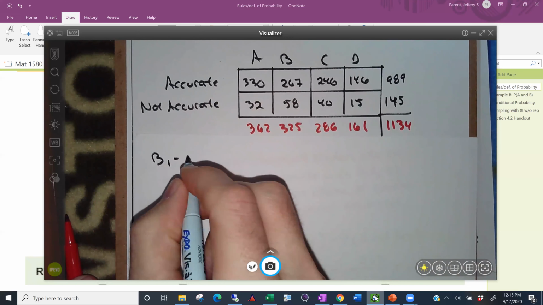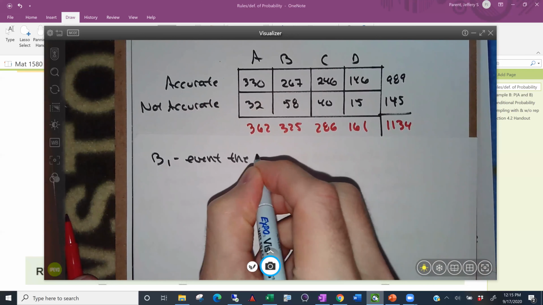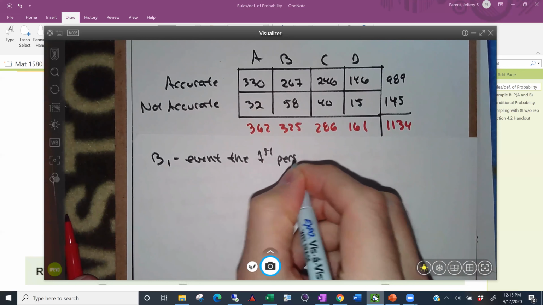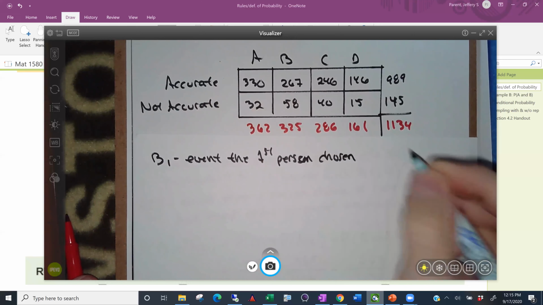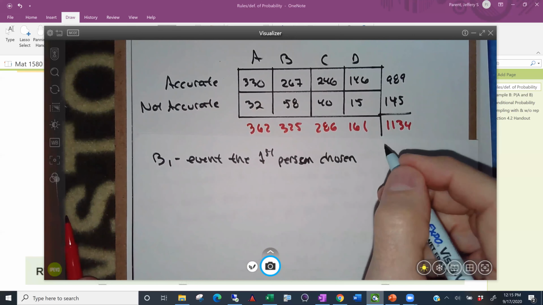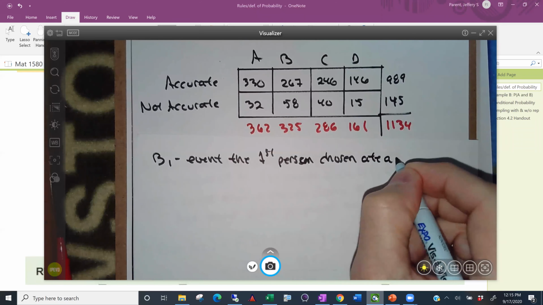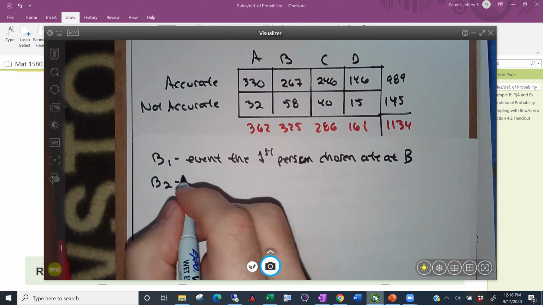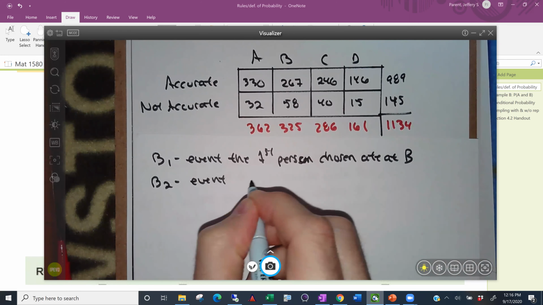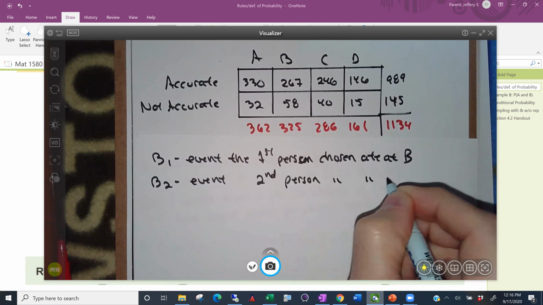B1 is the event the first person chosen, at random, ate at restaurant B. And then likewise, I'm going to let B2 be a similar event, the second person chosen ate at B.